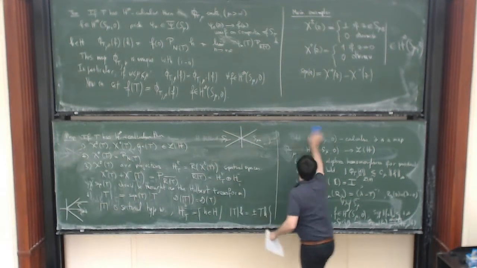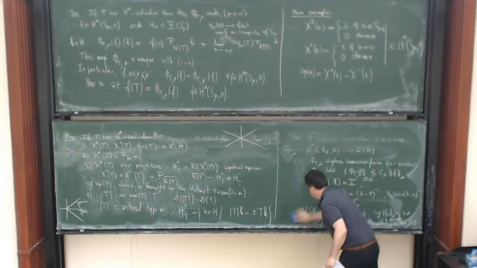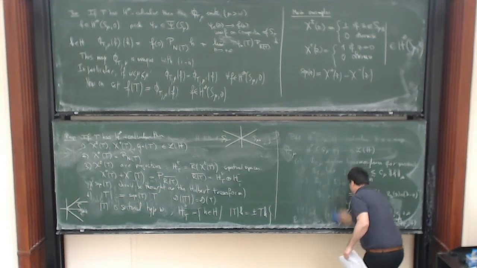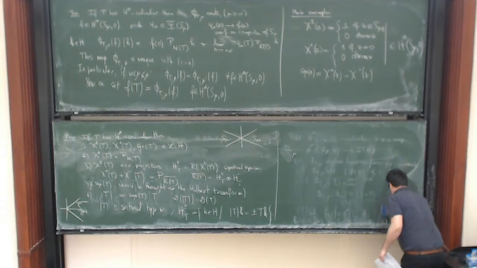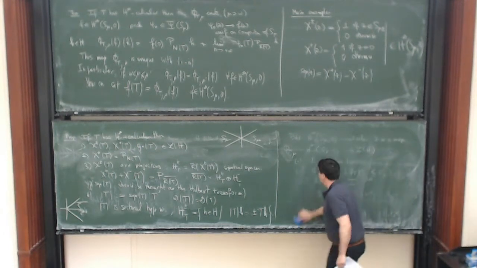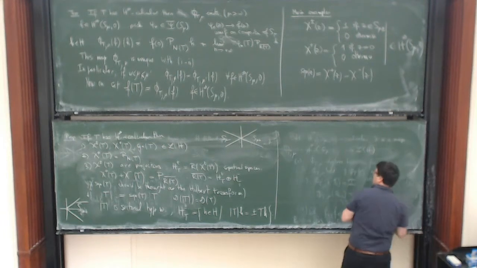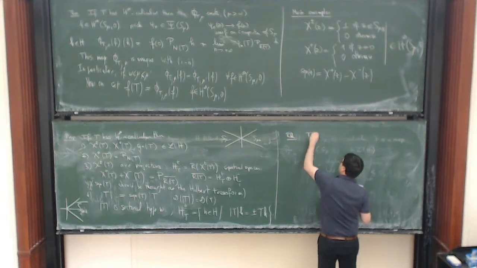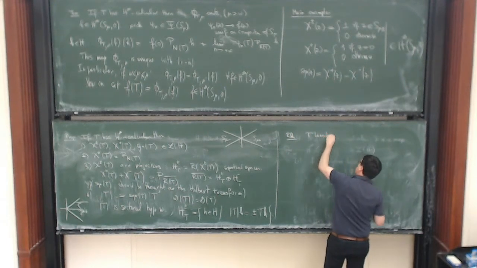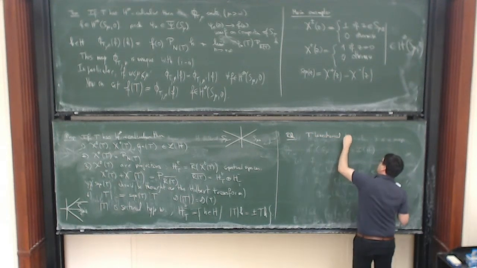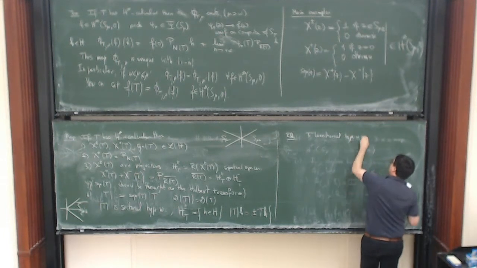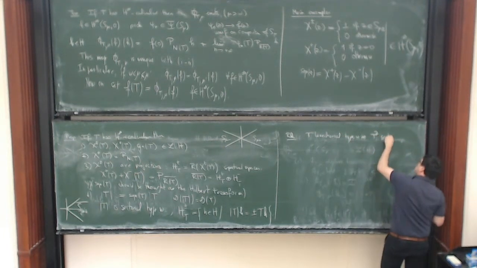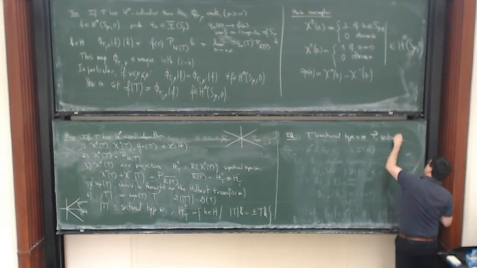And so let me just make a remark for those who know square roots of sectorial operators. If T is bisectorial of type omega, this implies that T squared is sectorial of type 2 omega.